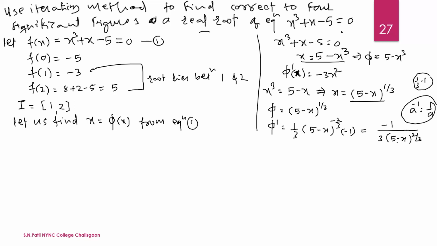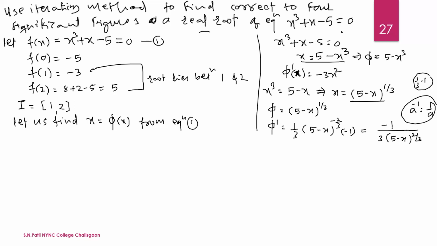Okay. Now here, this is the phi dash. When we put x is equal to 1, that is here 4, 5 minus 1 is 4, raised to 2, okay, that is 16 and its 1/3 power. So definitely we get some non-zero number, into 3.